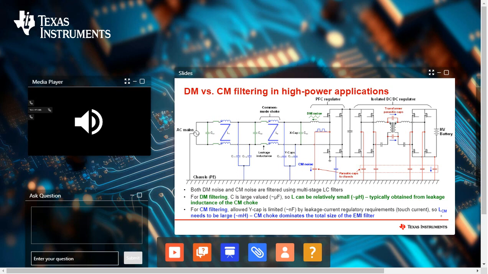For common mode filters, the Y capacitors are small, limited by leakage current regulatory requirements, also known as touch currents, thus requiring the chokes or inductors to be very large. Indeed, the common mode chokes dominate the total size of the EMI filter. Note, there is some level of interdependency between the common mode and differential mode filter components, which will be highlighted later during the presentation.